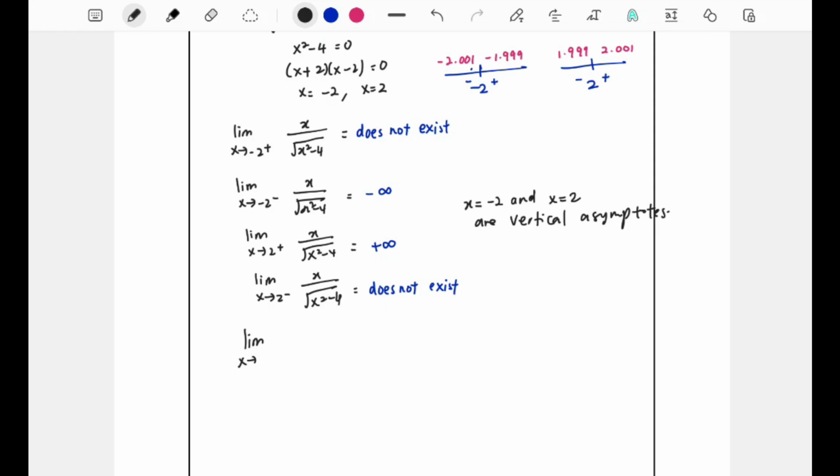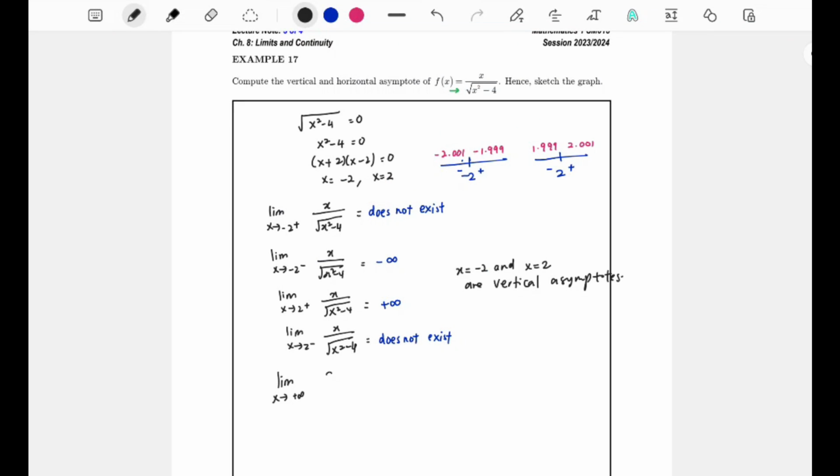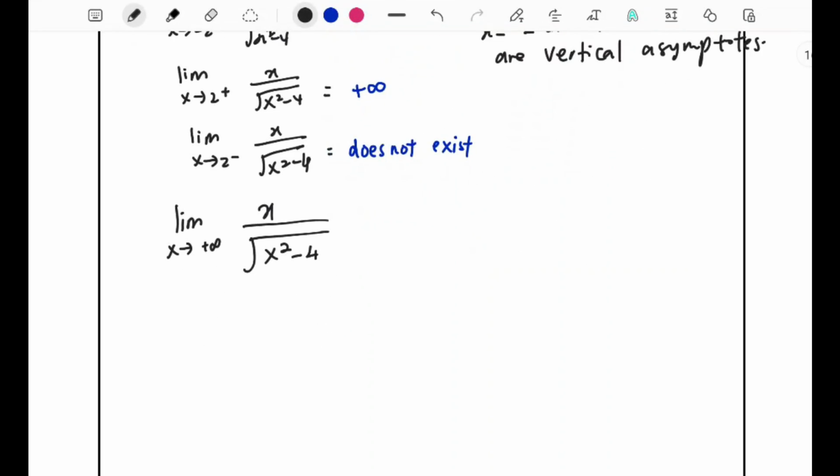Next, we're going to find the horizontal asymptote. We're going to approach positive infinity and negative infinity. Again, we're going to get positive infinity over positive infinity. So you have to divide by the highest power of the denominator, which is x squared, and for the numerator, we're going to divide by x.